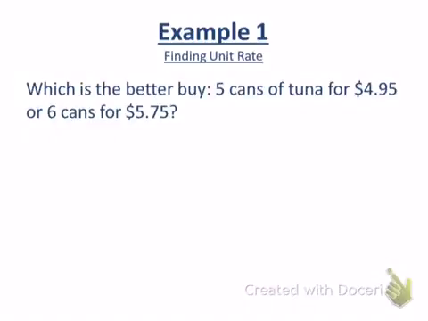All right, for example, which is the better buy? 5 cans of tuna for $4.95 or 6 cans for $5.75? Don't guess. I want to know some answers here, right? So 5 cans for $4.95 or 6 cans for $5.75.